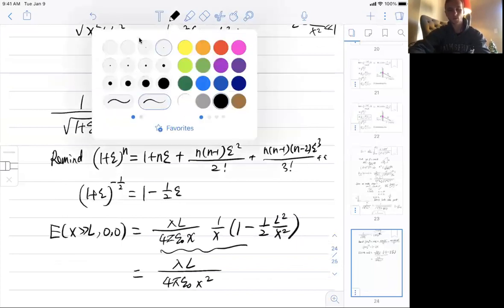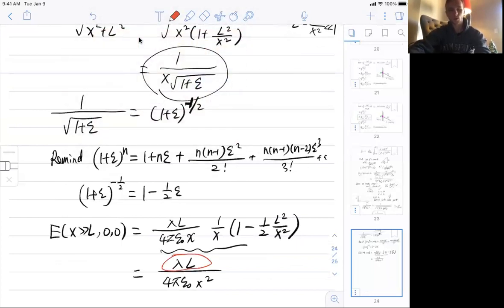Okay, so what is lambda L? Lambda L is the total density times length, which gives you what? Charge, right? The total charge Q.